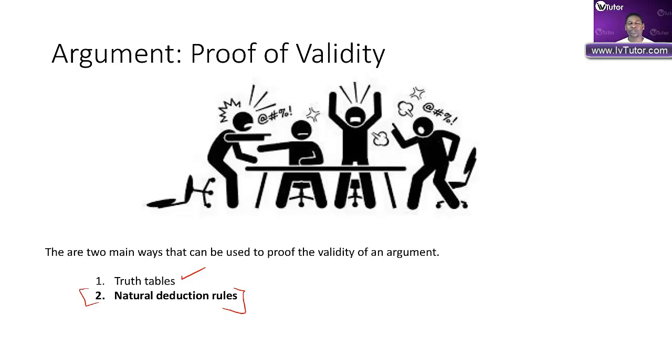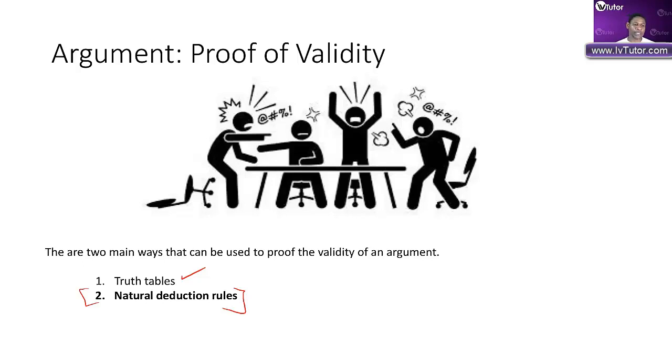What are we doing when it comes to natural deduction rules? We are saying, based on the information available to us, what is the best decision? If we're looking at logic, we're saying, overall, is the argument valid or not valid, based on all the premises that have been given and the conclusion that has been reached?